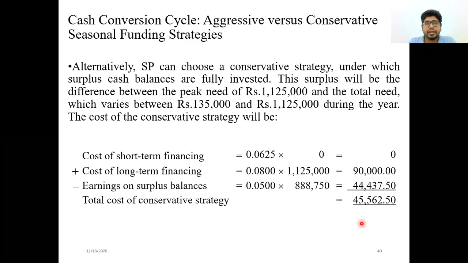But if they have additional money during the non-season, if there is no season, they will end up with surplus money. That surplus money will be invested at what percent interest rate? Five percent. Very good. Right, now we move to the slide. We move to the whiteboard here.